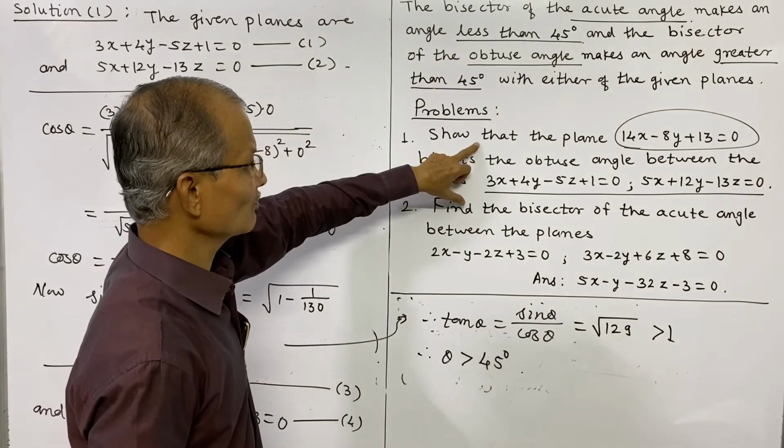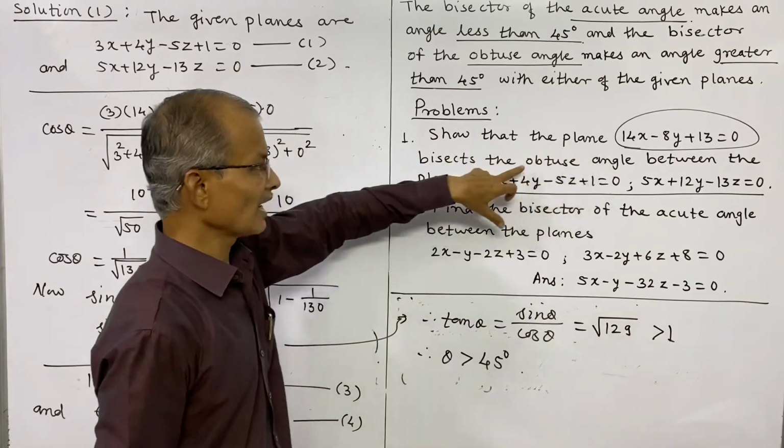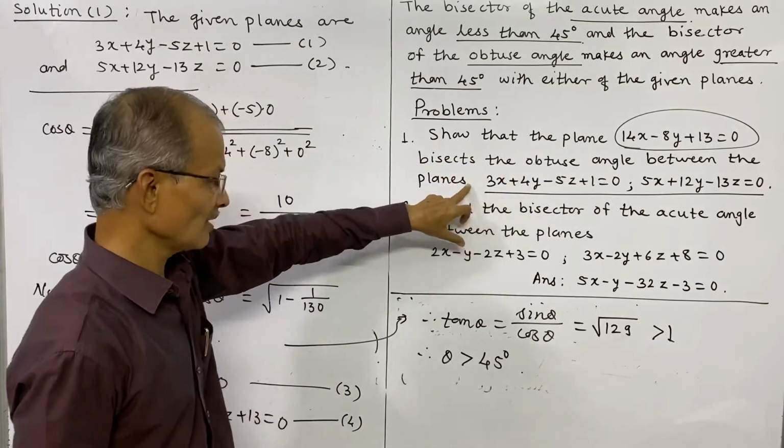We have to show that this plane bisects the obtuse angle between the planes.